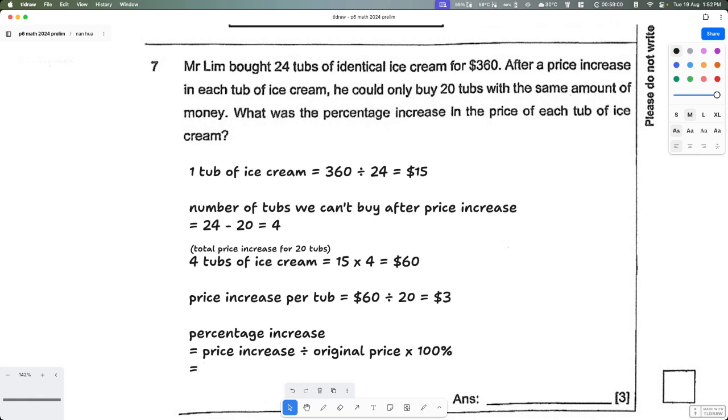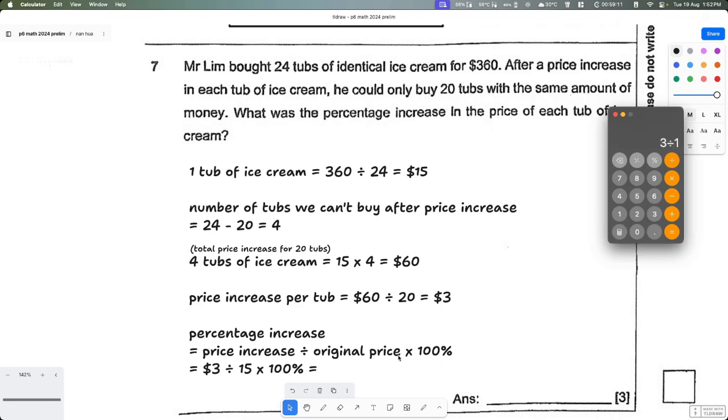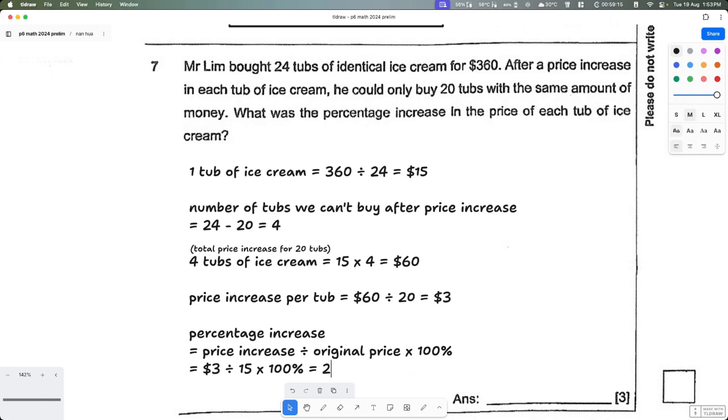So price increase is $3 divided by 15 times 100%. Okay, and this will give us 3 divided by 15 times 100, 20%. There you go. So the answer is 20%. All right. Okay, let's move on to the next question.